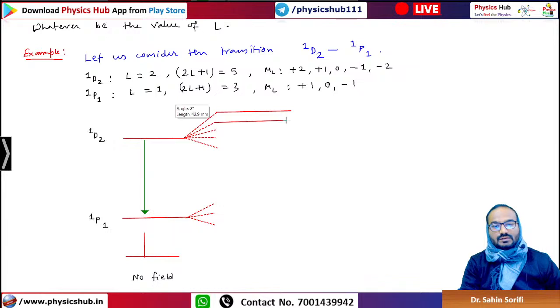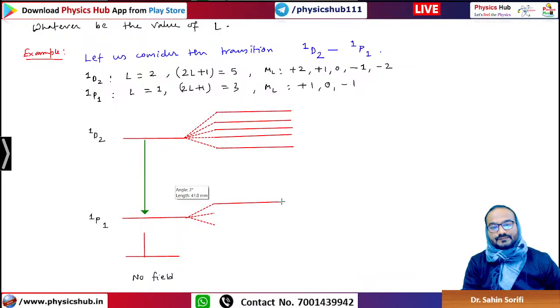Each level will be characterized. Look, for this there is only one L value, L equals 2. But under the influence of the magnetic field, these levels will be created, and each level will be described by a particular ML value, right? Very simple and interesting.